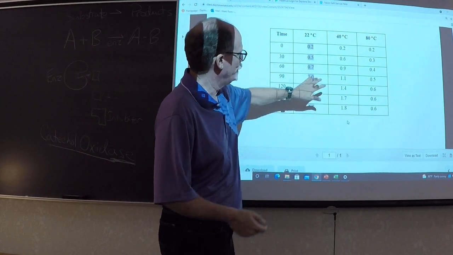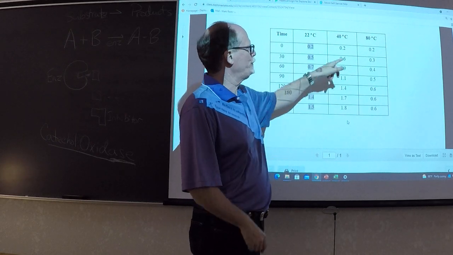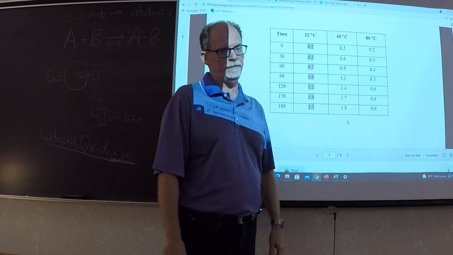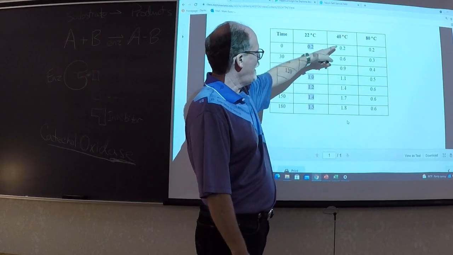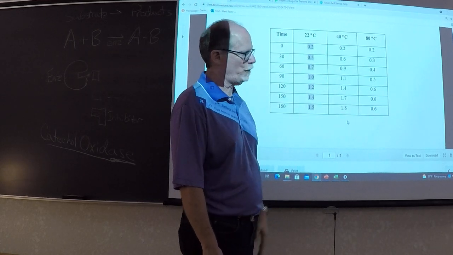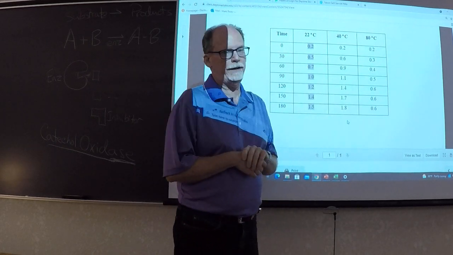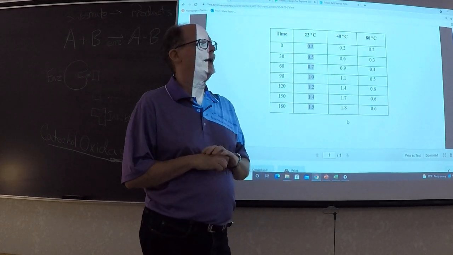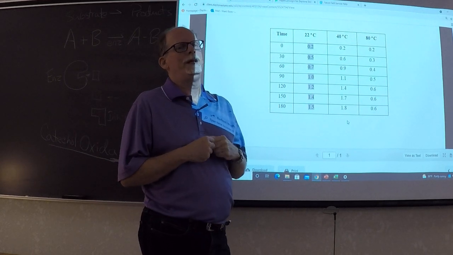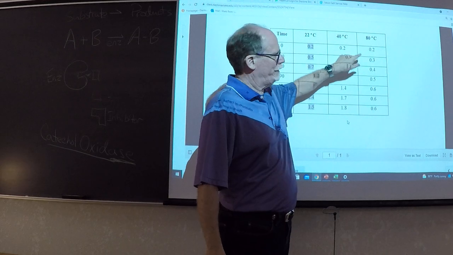That's at this temperature. Then we repeat the same thing, except we would expose the enzyme to 40 degrees centigrade first. And that probably wouldn't change the values too much. You'd still get quite a bit of activity. But if we put the enzyme at 80 degrees centigrade, now the enzyme is no longer able to make product, or if it does, it makes very little.